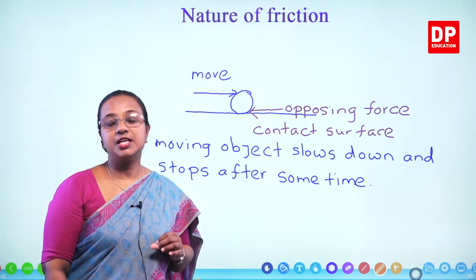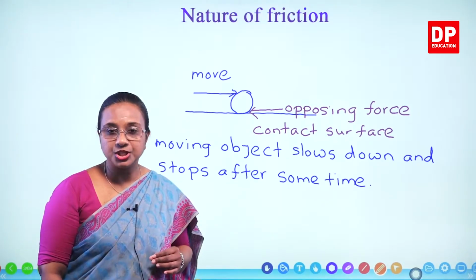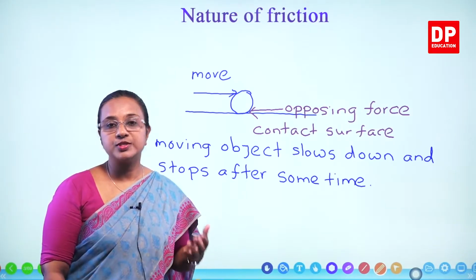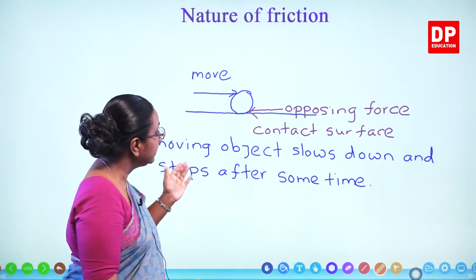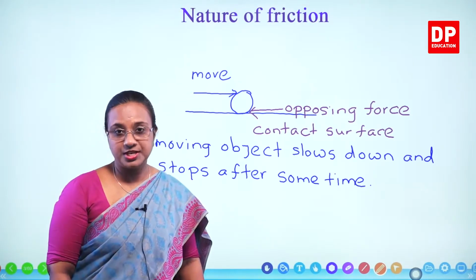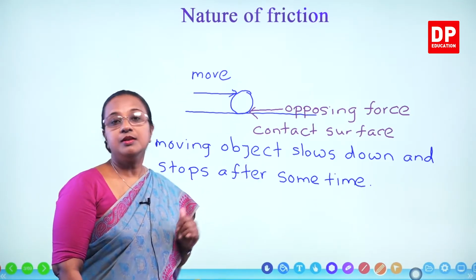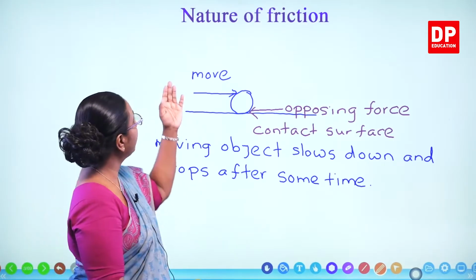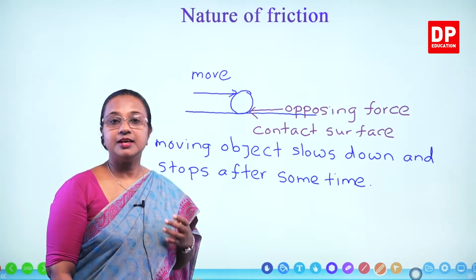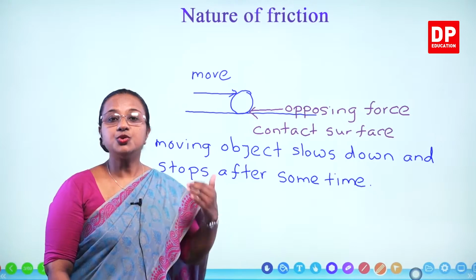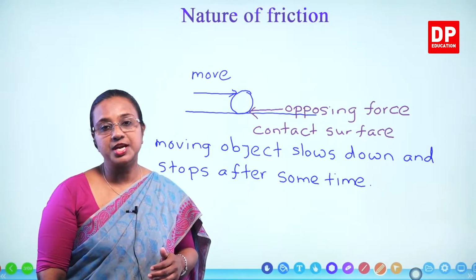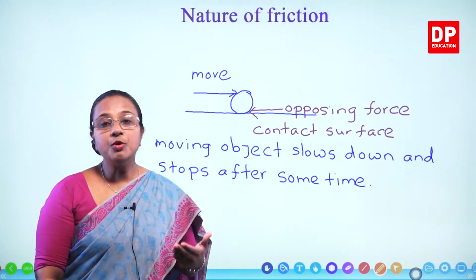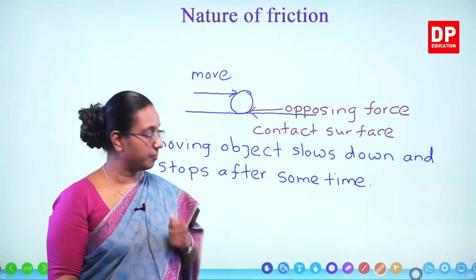And this is what we call friction or frictional force exerted by the contact surface against the moving object. So one nature of friction is that it tries to oppose the motion of a moving object.